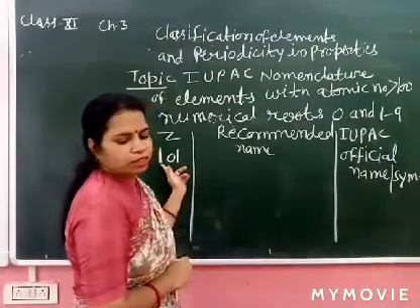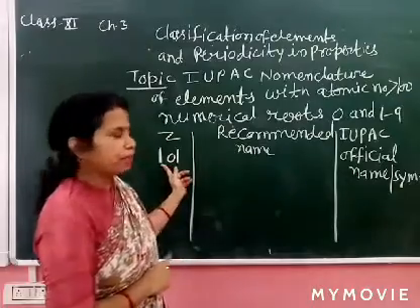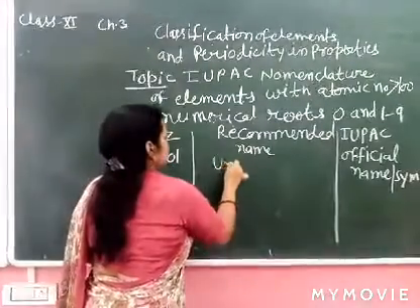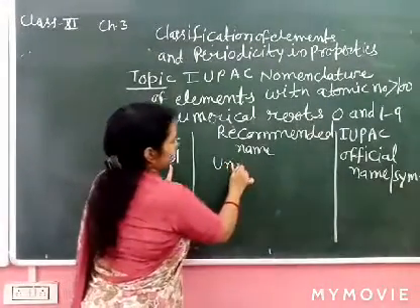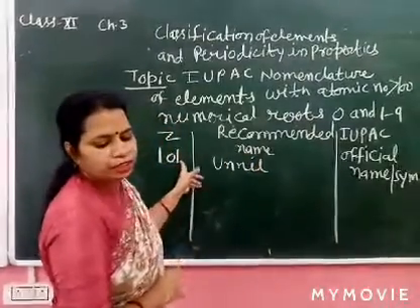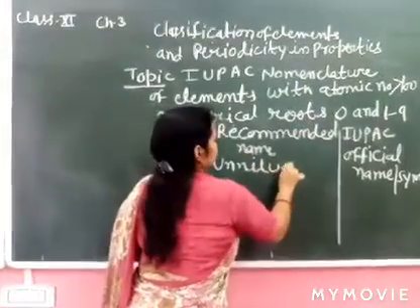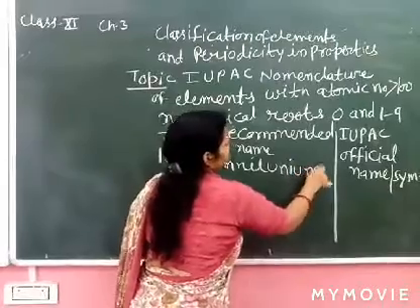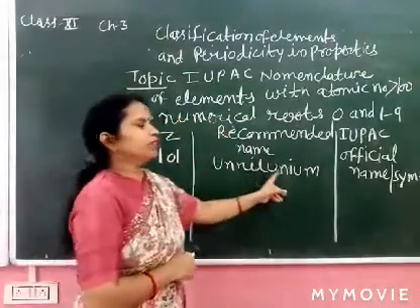1 means un. 0 means nil. And 1 means again un, so the name is Unnilunium.